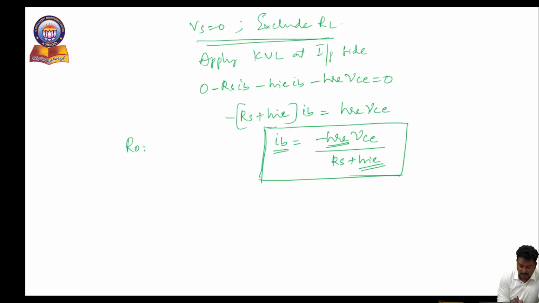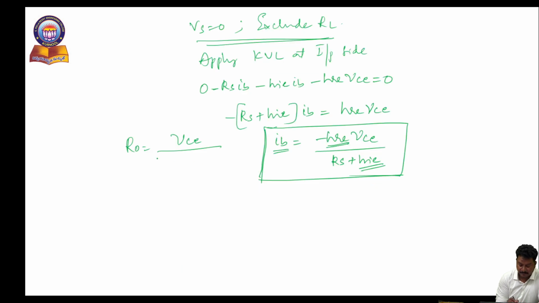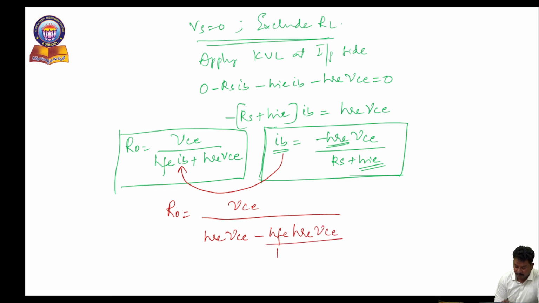R naught is equal to V_CE divided by h_fe I_B plus h_re V_CE. Now I substitute this I_B value here. Finally I get R naught equal to V_CE divided by h_re V_CE minus h_fe h_re V_CE divided by R_S plus h_ie.